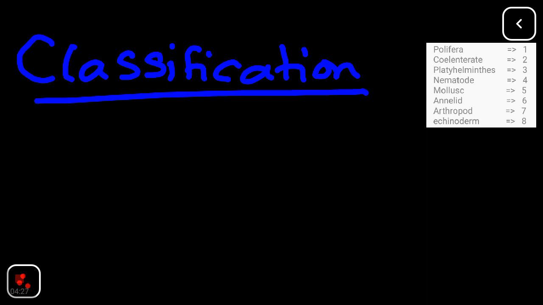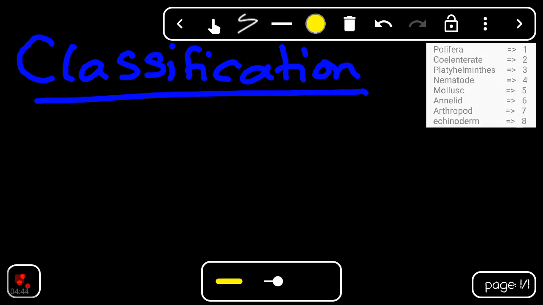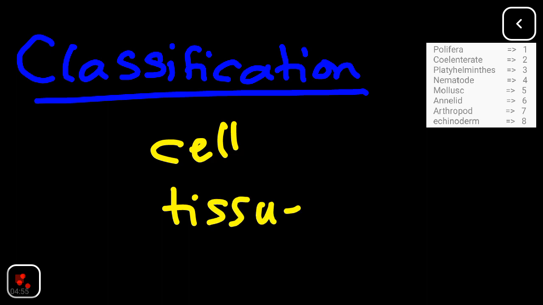So first, let's start with level of organization. There are some animals classified as just cellular, there are animals with tissue, and there are animals with organs. First is cell, second is tissue, and third is organ.